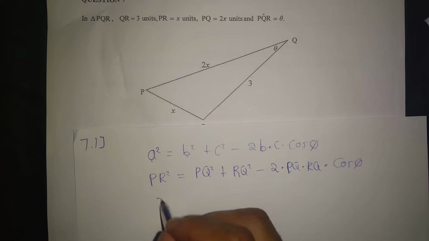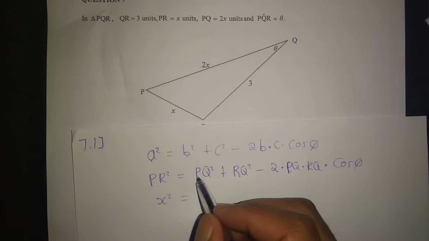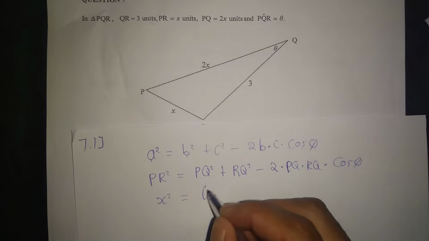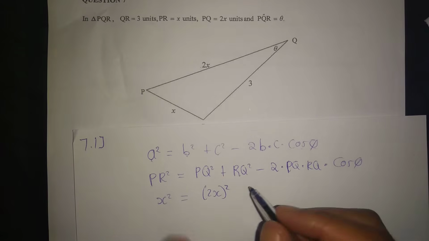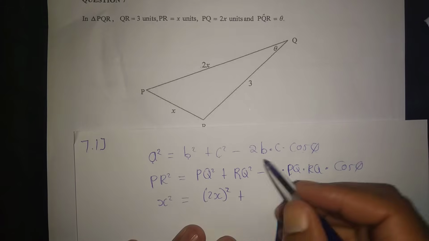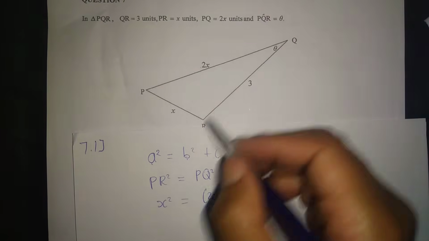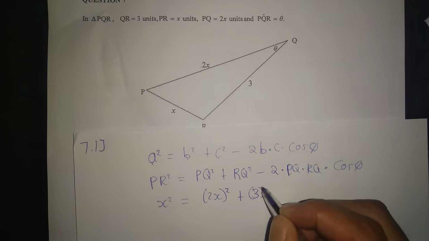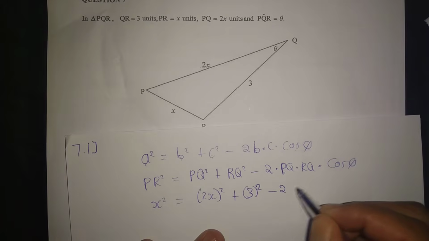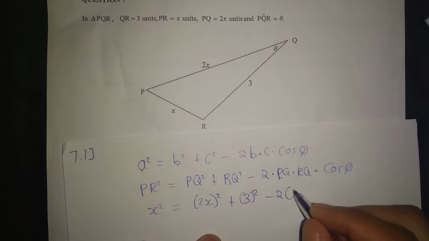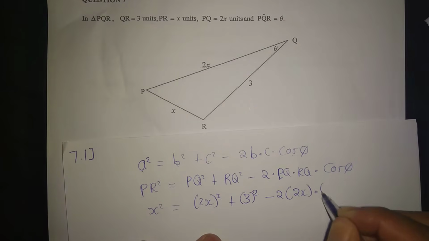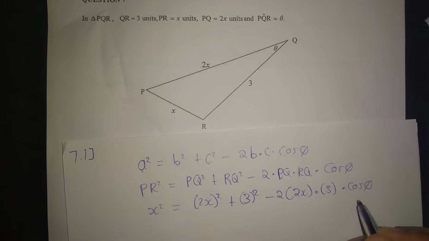PR is what? x squared equals, and PQ is given as 2x. Let's put this inside our brackets: 2x is part of our brackets, then plus RQ, which is 3, squared, minus 2 times PQ, which is 2x, times RQ, which is 3, times cos theta.